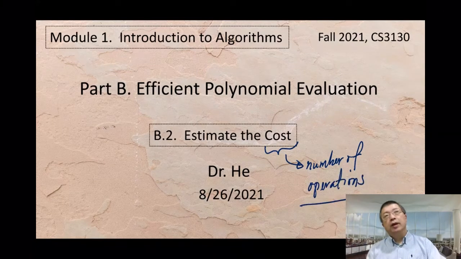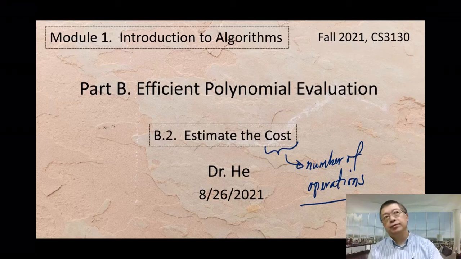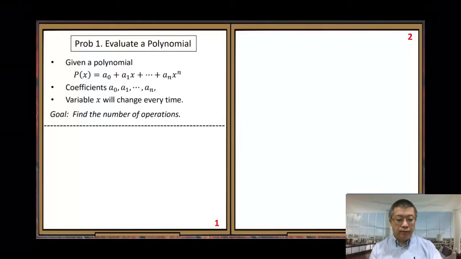Because the larger this number of operations, the higher the cost. So in general, we can call the counting number, that function, the cost function. All right, so let's look at the problem.